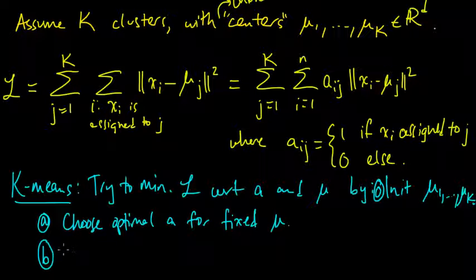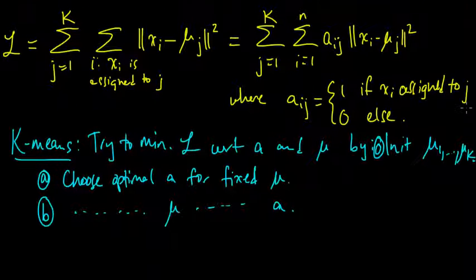And then B, choose the optimal mu for fixed A. So the first step in this iteration is we fix mu, optimize A. The second step is fix A, optimize mu. And then repeat.